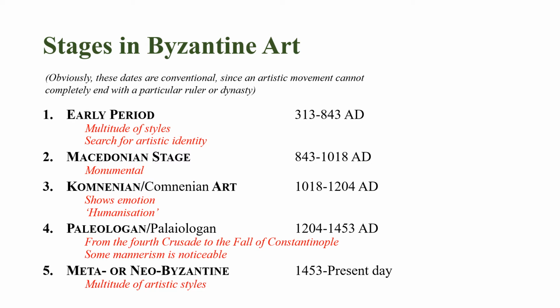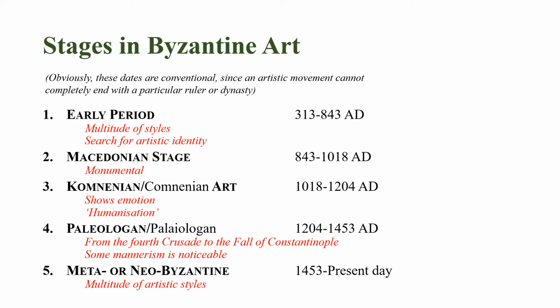The early period, 313-843 AD, characterized by a multitude of styles, because the artists were in search of their artistic identity. The Macedonian stage, 843 to 1018, was characterized by monumentality.